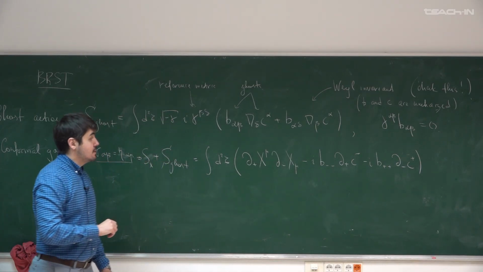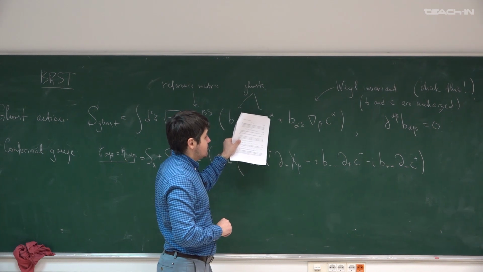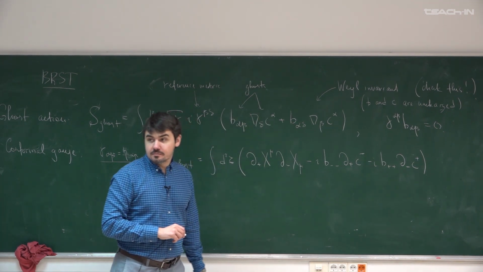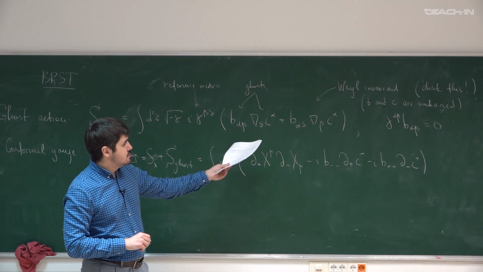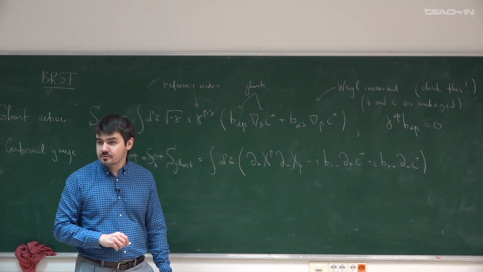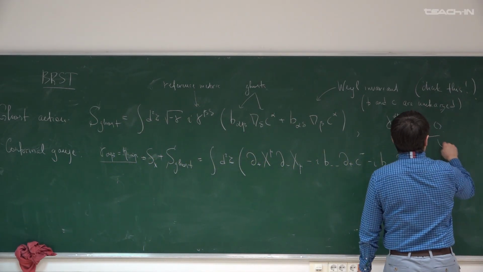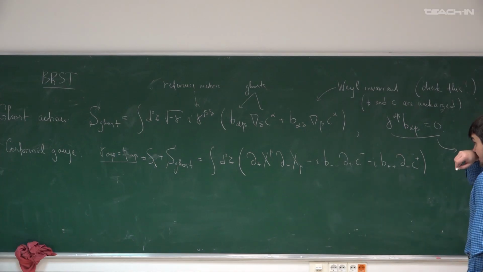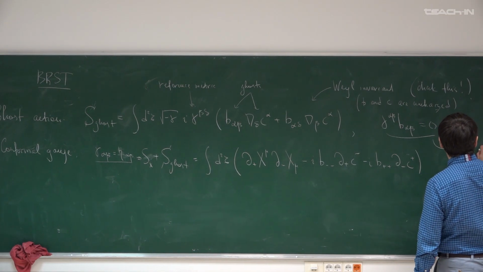It has this simple form. So C has components C plus and C minus, right? And B is a symmetric tensor, so it has components B plus plus, B minus minus, and B plus minus, but B plus minus is 0 due to this condition. When we set the metric equal to the diagonal matrix, we find that B plus minus is 0.